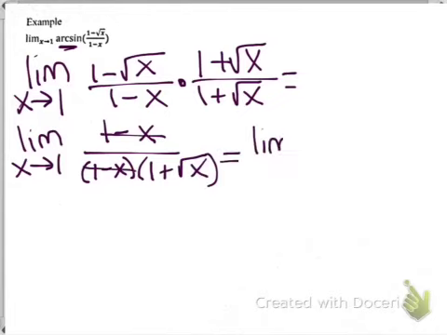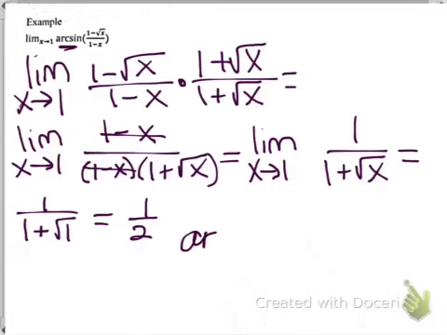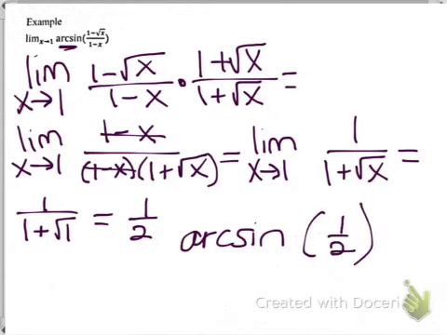So I'm going to be left with the limit as x goes to 1 of 1 over 1 plus root x. Now I can plug my 1 in, and I'd have 1 over 1 plus root 1, which is 1/2. Now, to finish the problem, I would do arc sine of that value. And we know that that just means when does sine equal 1/2? So my answer is pi over 6 using my unit circle.